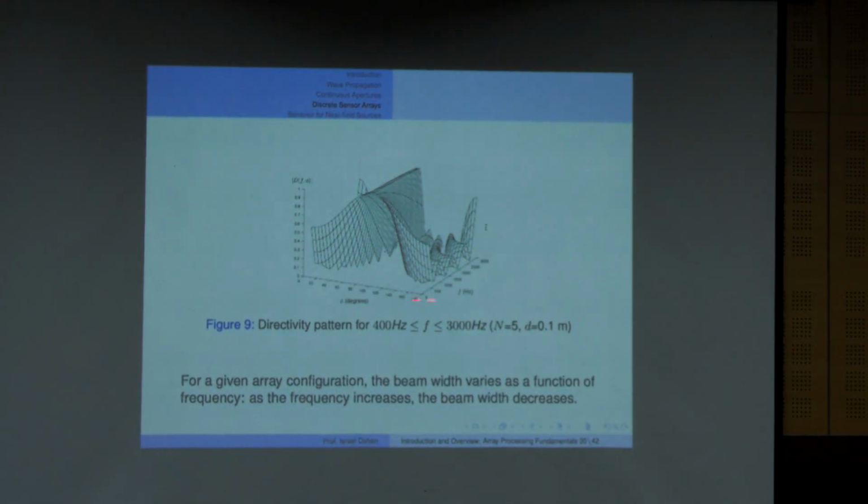So if we change the frequency, you see this is the frequency, and this is the angle, phi. If we change the frequency between 400 hertz and 3 kilohertz, and n, the number of sensors, is fixed, and D is fixed, so the size of the array is constant, we see that for low frequencies, we have a wide main beam, lower directionality, because we have phase differences which are small for low frequencies.